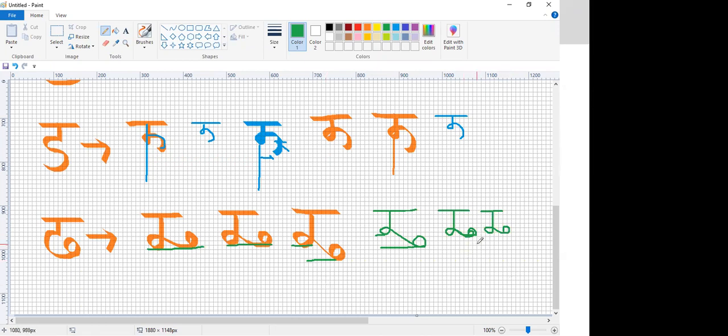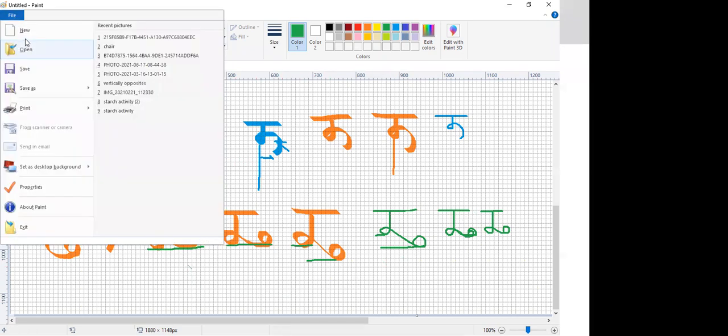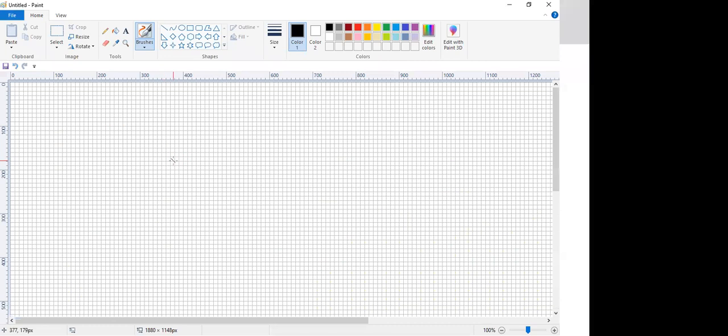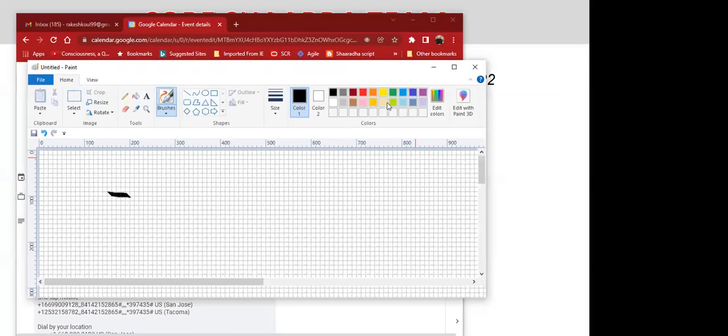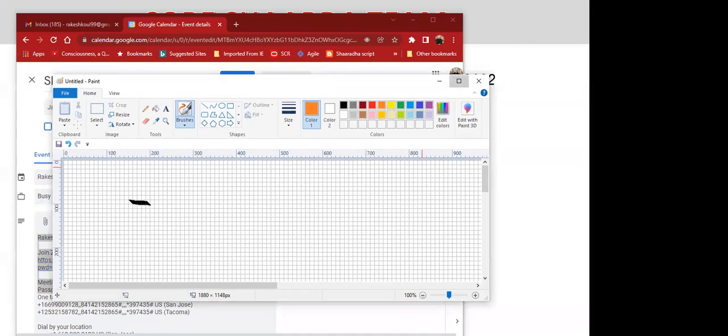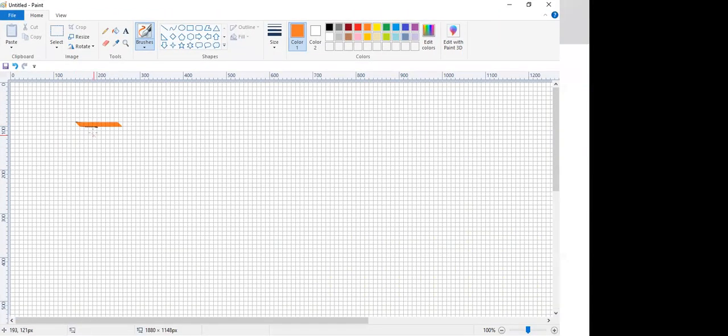So let me draw that once again. I'll take a new paper. Here, like this. Okay, do you understand? This is in the same line.